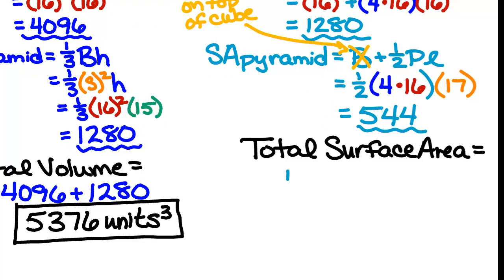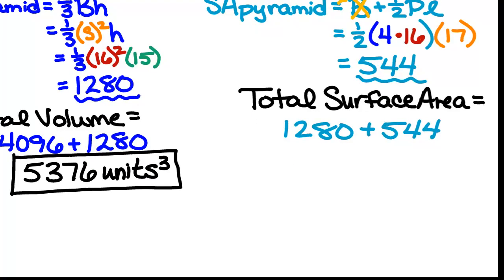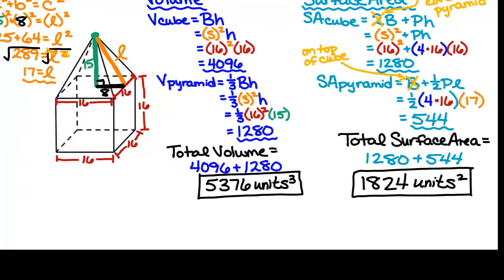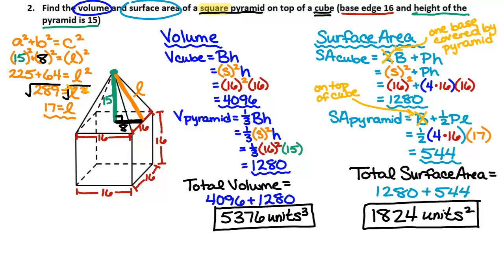We're going to add 1280 and 544 together. And that gives us a total surface area of what? 1,824 units squared. Very, very nicely done.